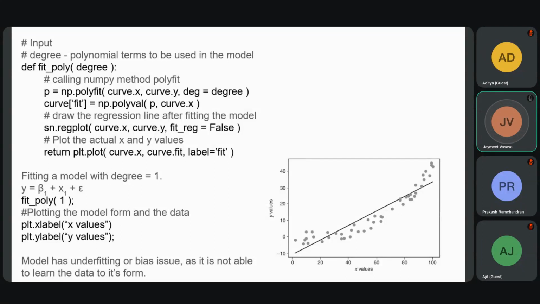When we plot the values for x and y and draw a regression line, it's not fitting the model, and you can see the statement regarding the graph plot. The model has an underfitting or bias issue, and it is not able to learn the data in the form or the way the data is.